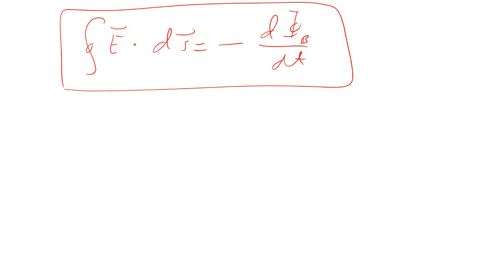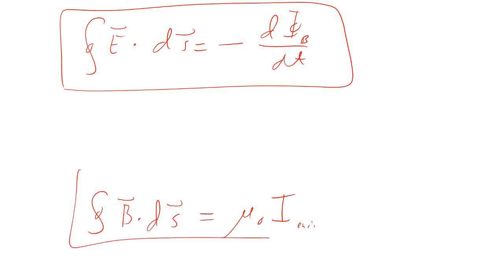And then Ampere's law was the integral of B dot ds, and that was equal to mu naught I, where I is the current through the surface, the enclosed current.